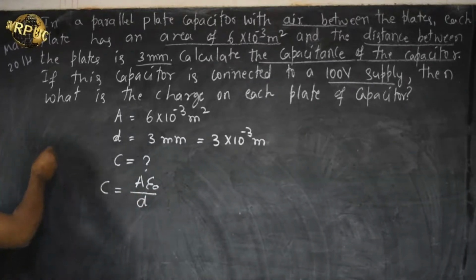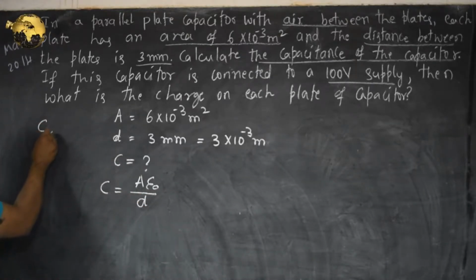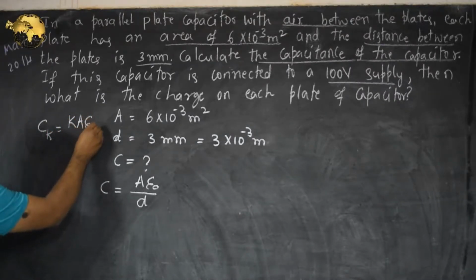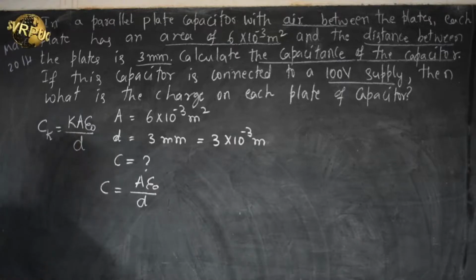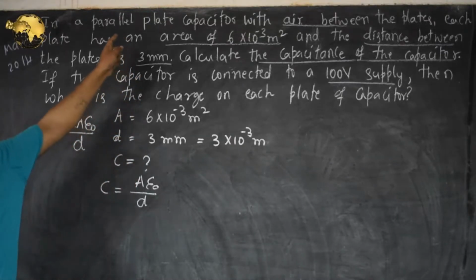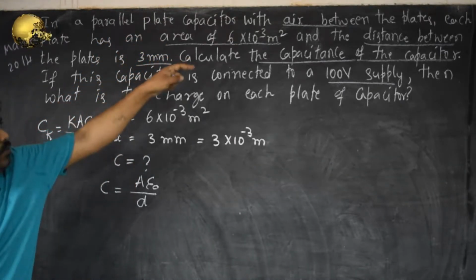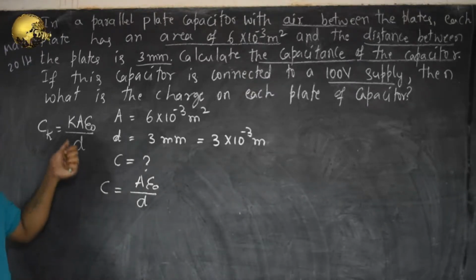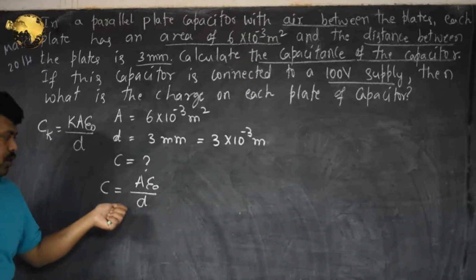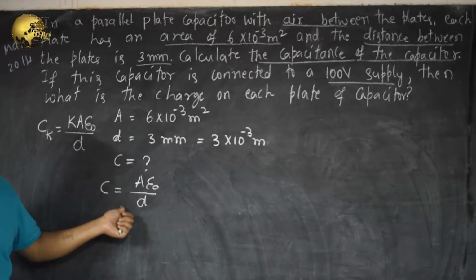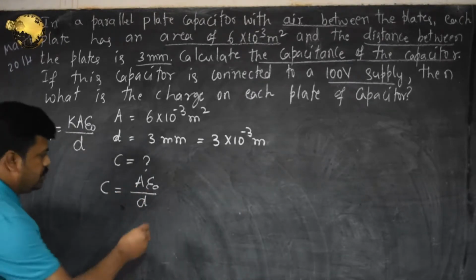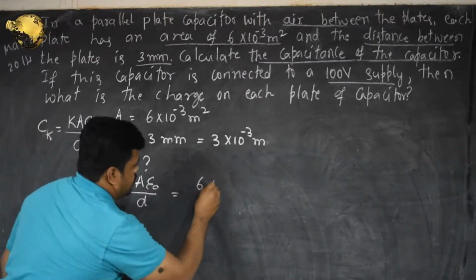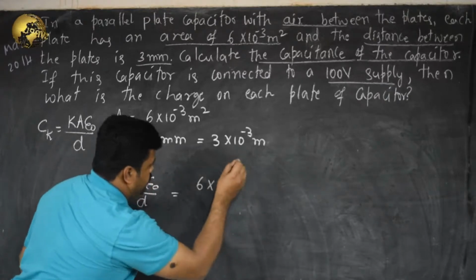You can also use, when we have a dielectric, C is equal to K A epsilon naught by d. Here I am avoiding that because they say a parallel plate capacitor with air between the plates. Air is there, so K is equal to 1. I can go with this equation directly. Epsilon naught times A, which is 6 into 10 to the power minus 3.